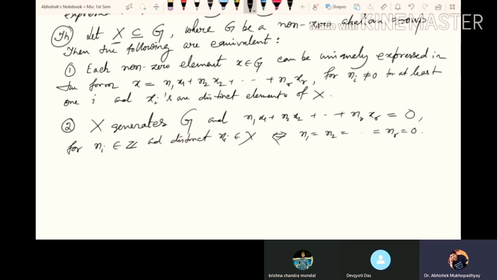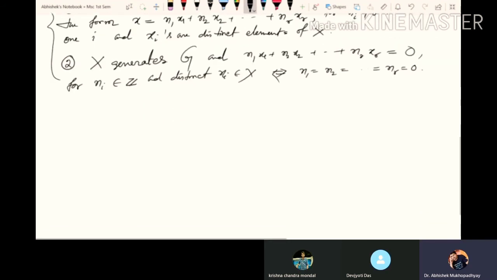That is, n1 x1 plus ... plus nr xr is 0 if and only if n1 equals n2 equals ... equals nr equals 0. So these two statements are equivalent to each other. That is, if 1 holds, then it will imply 2, and 2 will imply 1.